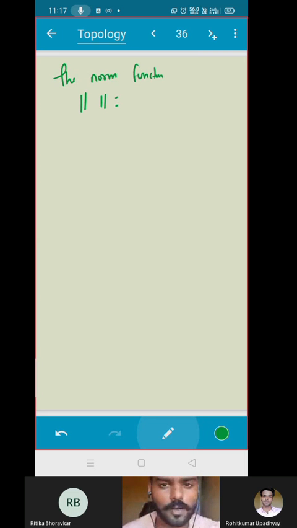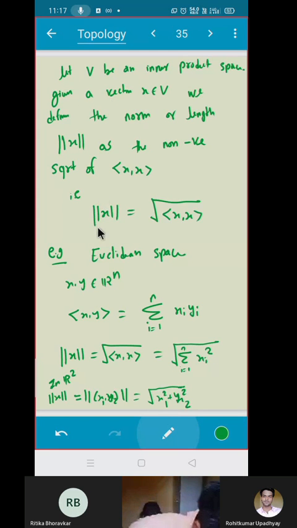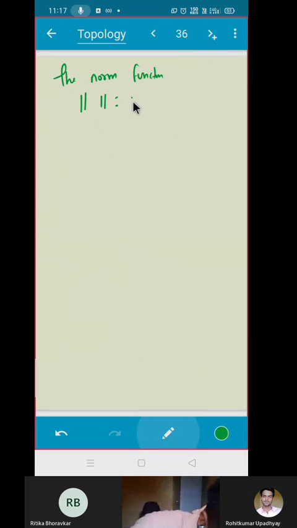Do I require two vectors, just like the previous inner product and metric definitions? We require two vectors there, correct? But what about norm? Norm is defined only on one vector, no? In the previous slide I have defined norm x, so I required only one vector for norm. So norm is defined from V to R, where V is an inner product space. What is an inner product space? A space in which inner product is defined, correct?